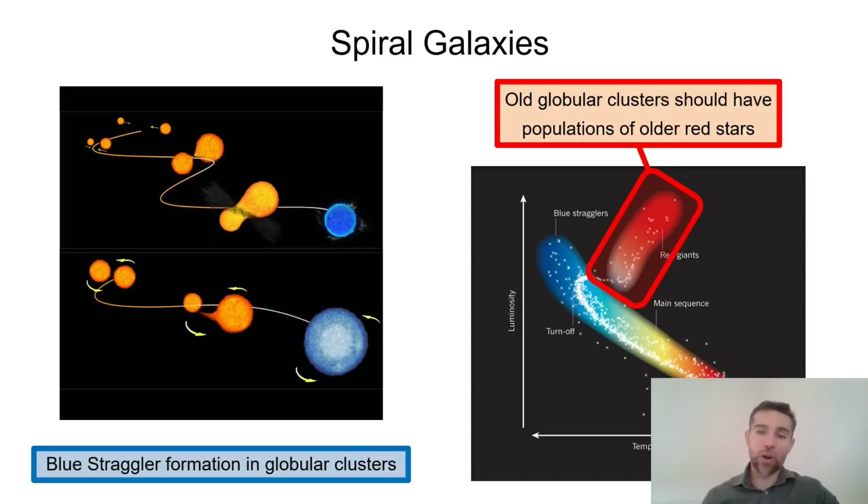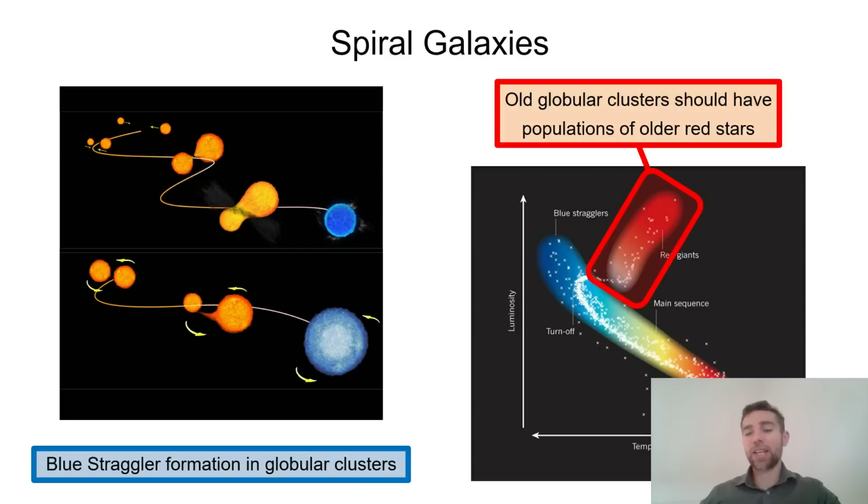Now, because the vast majority of a star is hydrogen, even when it comes to the end of its life, when you merge two together, you can form a new star, but it has a combined mass that's greater, essentially. So you get a bigger star. Bigger star means it's going to have a hotter temperature. It's going to be bluer. So these blue straggler stars can form in the globular clusters.